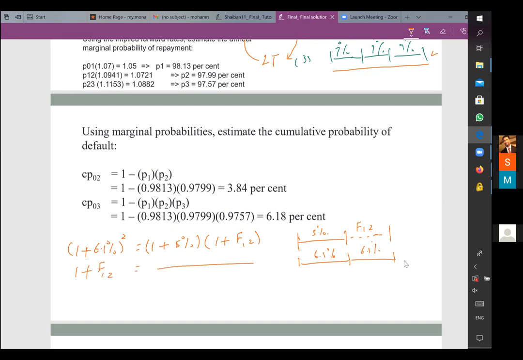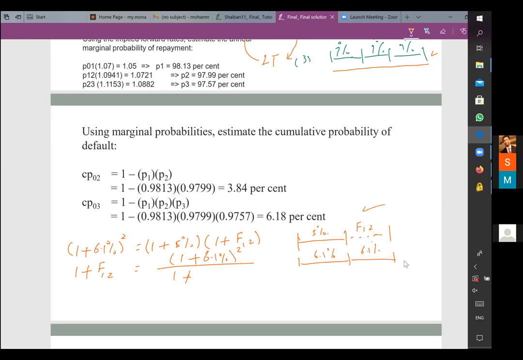If I know this, I can just solve for F1(2), the forward of the first year, for the first forward, which will be happening in the next year.